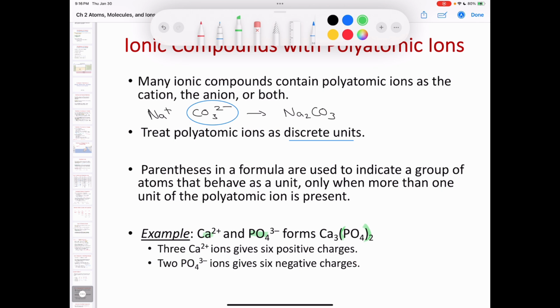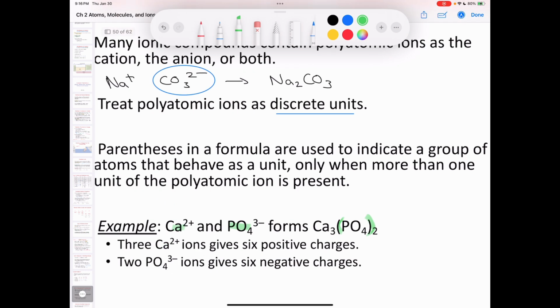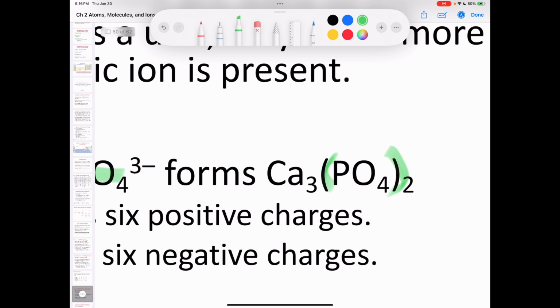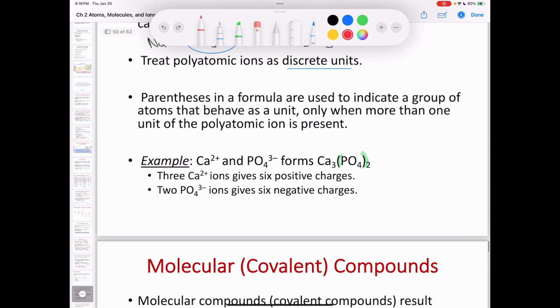They're both nonmetals, so they're going to form an ionic compound. Well, I need 3 calciums and I need 2 phosphates. And so the way I denote that is I put Ca3, open parentheses, PO4, close parentheses, and then I put this subscript 2 here to show I actually have 2 PO4 3- ions to cancel out my 3 calcium. So hopefully that makes some sense to everybody.